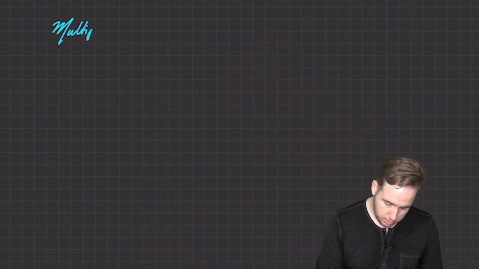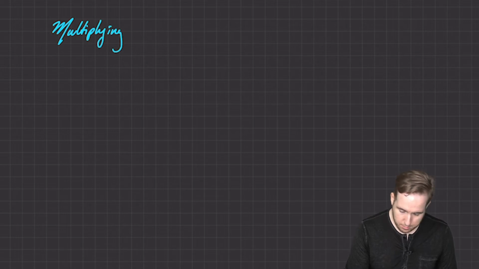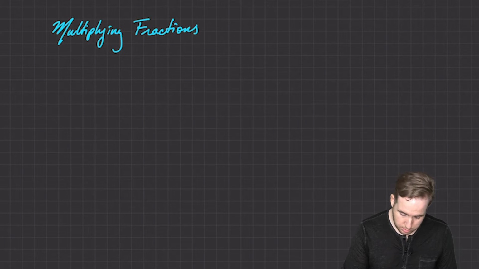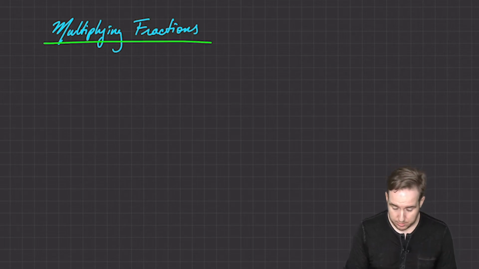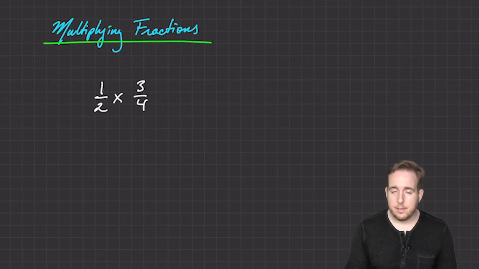So let's just start. So multiplying fractions. And this is absolutely as easy as it can be. So this is 1/2 times 3/4. And the good news is it is exactly what you want it to be.